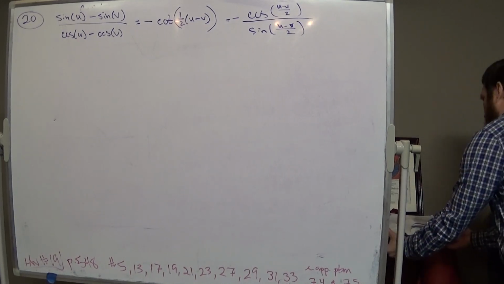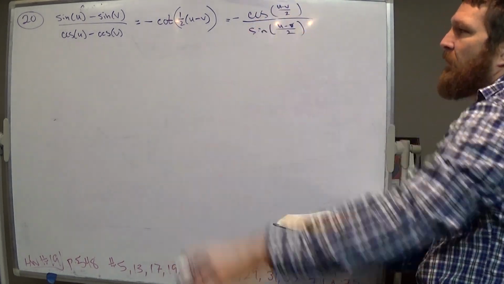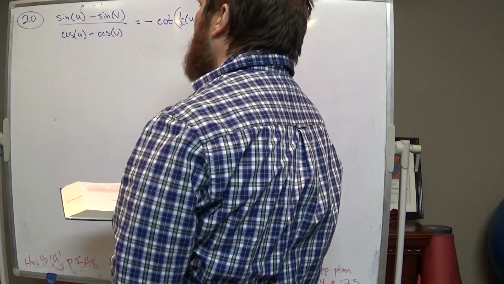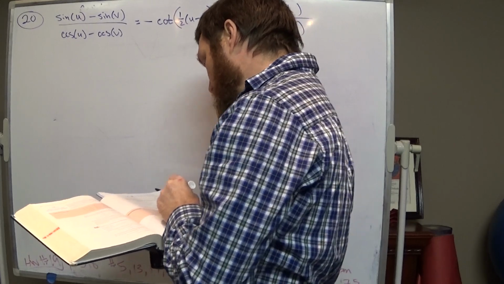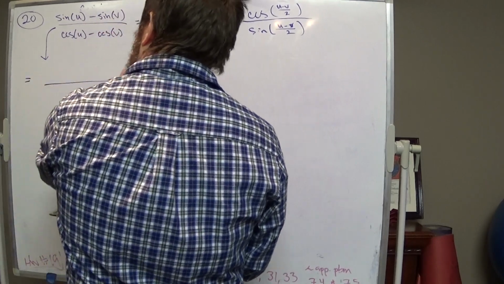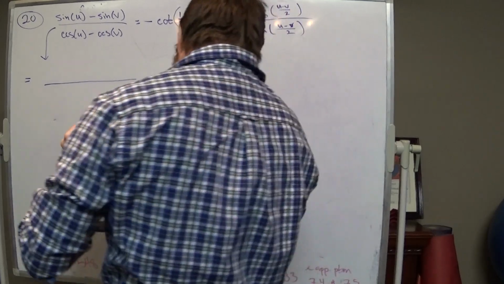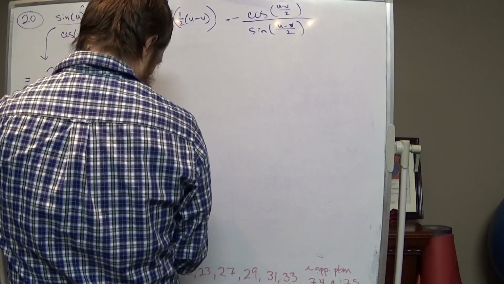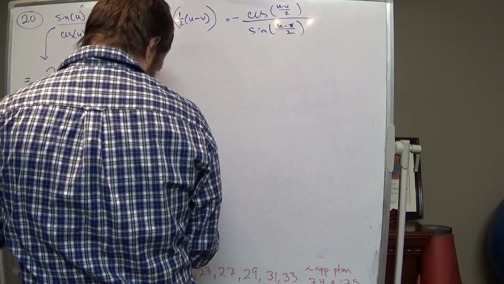So, this is how I would go about doing this. I may or may not do this first. It's nice to have on the board so we can see where we're going. But I know that we're in the section that deals with these things. So I'm going to say, okay, what's sine u minus sine v? And I look here, it says that sine A minus sine B is, and so I'm just going to go from this side of the equation and say, okay, sine U minus sine V, it says it's the same thing as 2 cosine the thing plus the thing, so 2 cosine stuff, sine, it's a minus, so sine stuff.